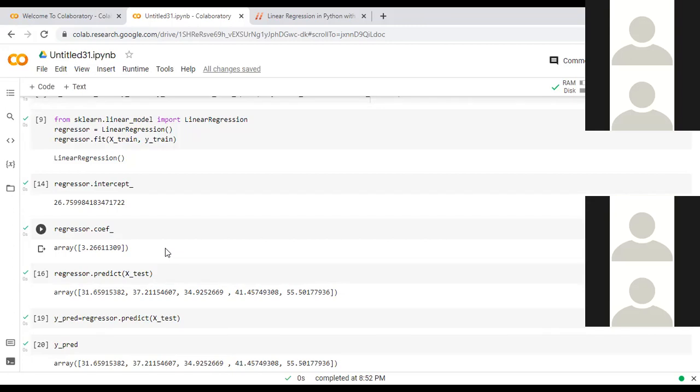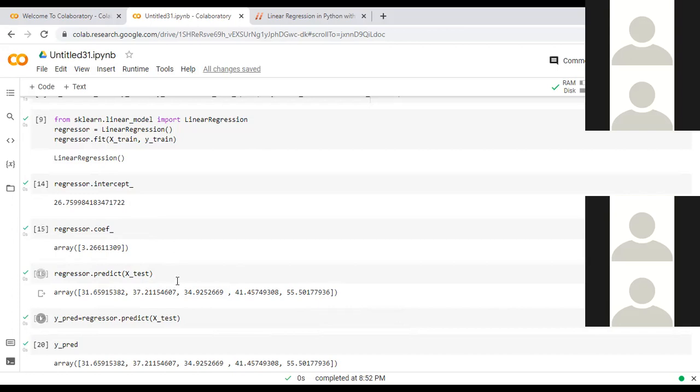The training set is used for building the model, and the test set is used for evaluating the model. So I now have to evaluate the model I created using the X test set. Using the X values of the test set, I want to predict, right? So my predicted value with respect to the model is given in the form of this array.